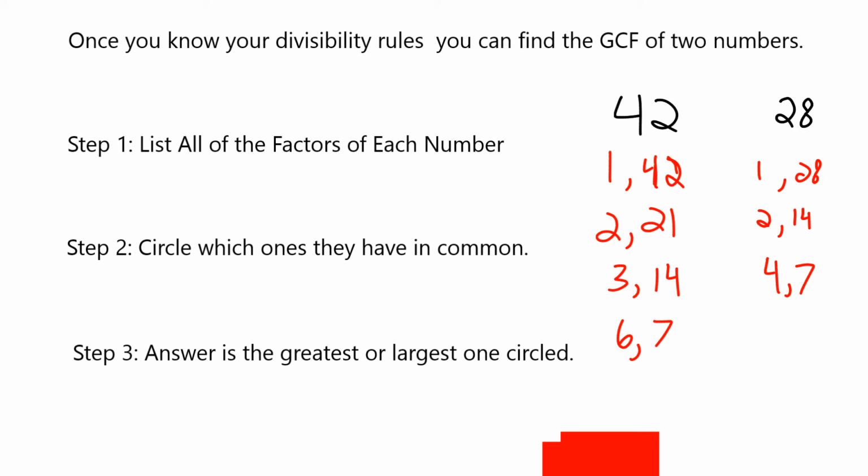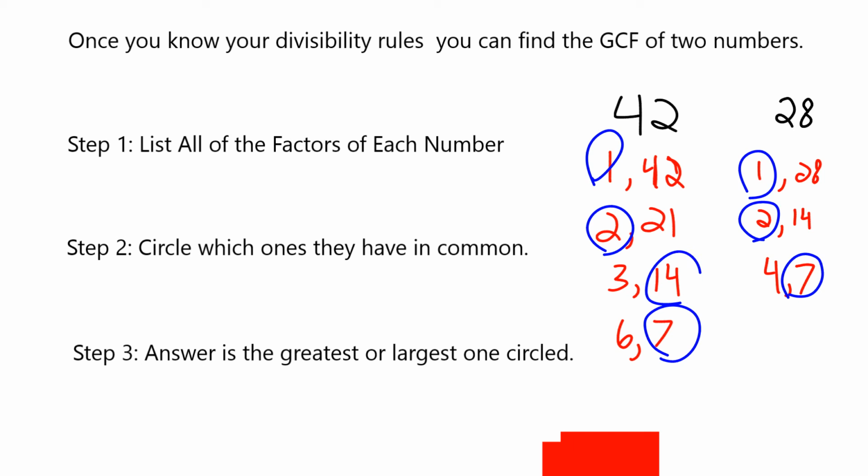Once you have all of the factors from both lists, you need to circle the ones that they have in common. Both lists have 1, 2, 7, and 14.